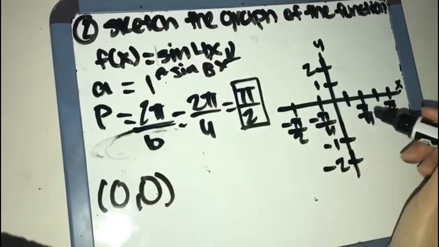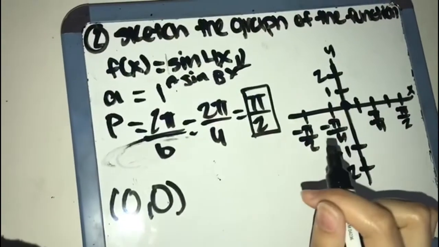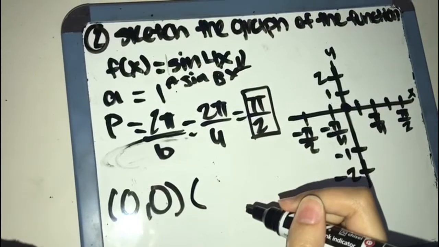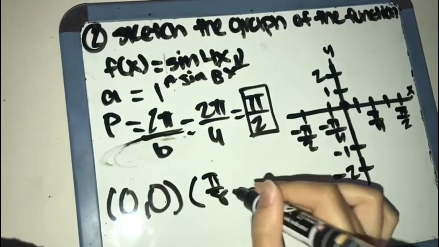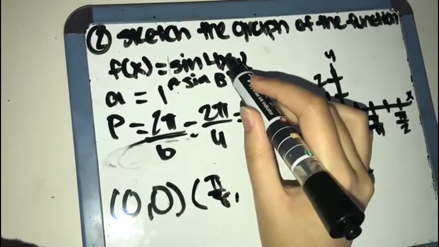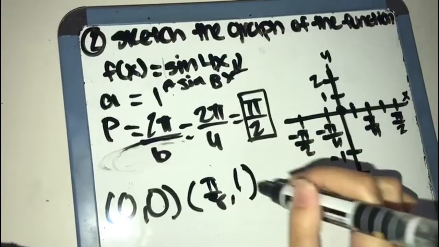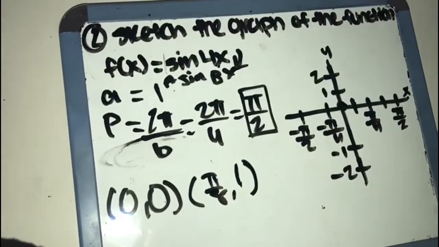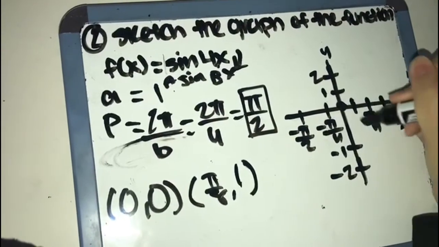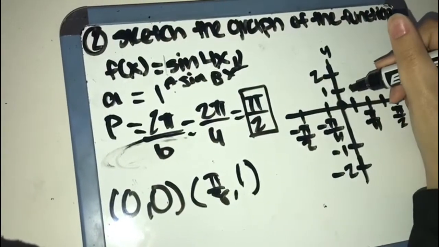So we're just going to put 0, 0 right here. Now it's asking for another one. Let's do pi over 8. If you replace x with pi over 8, sine 4x will equal 1. Pi over 8 is between 0 and pi over 4, so we're going to put 1 here.